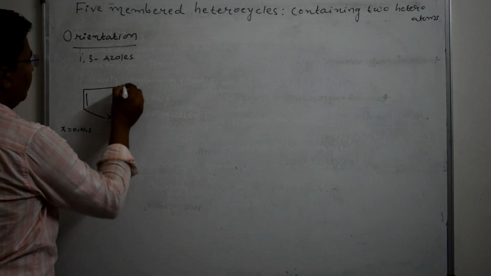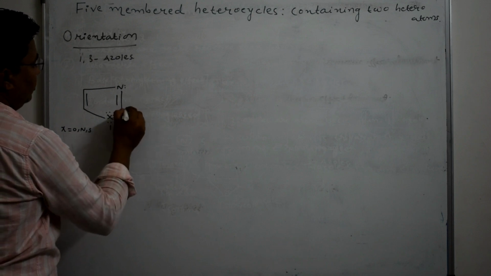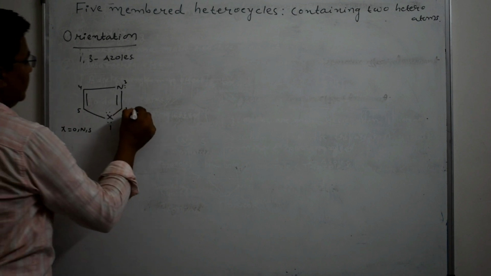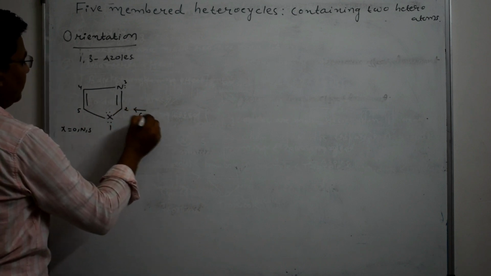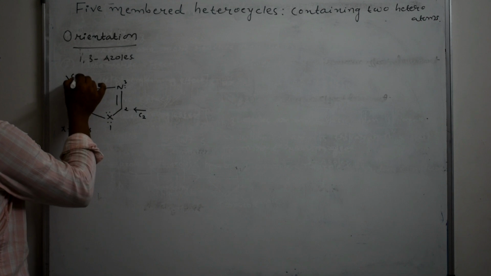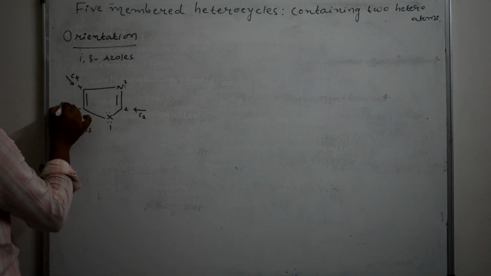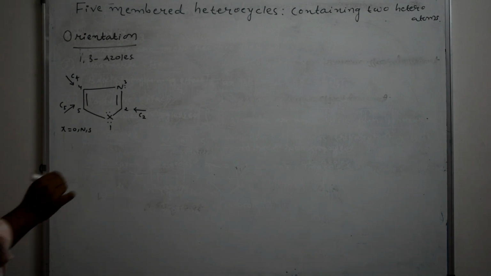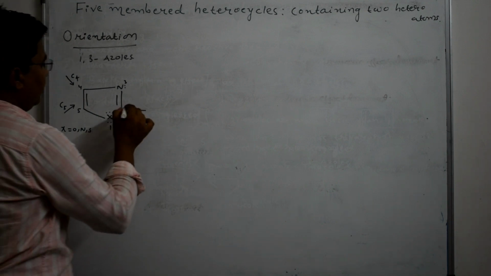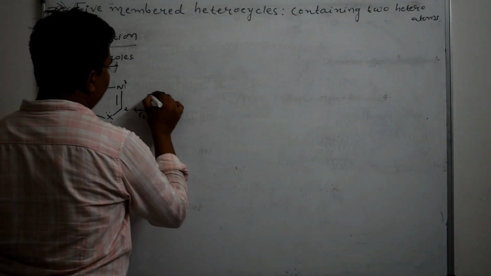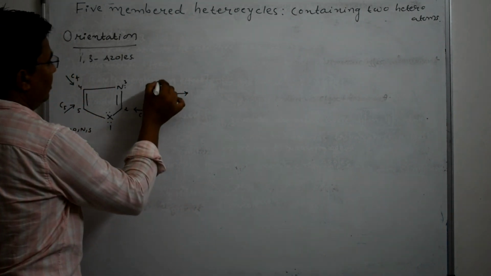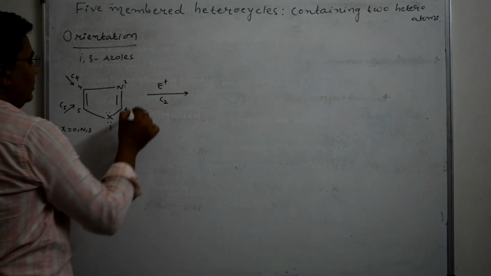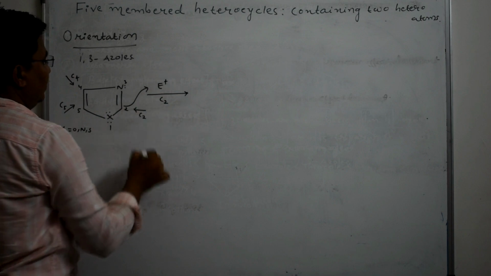It has two lone pairs of electrons. This is 1, 2, 3, 4, 5. So we have the second carbon, the fourth carbon, and the fifth carbon for electrophile attack. Let us start with the C2 position. If the electrophile attacks the C2 position, then what happens?